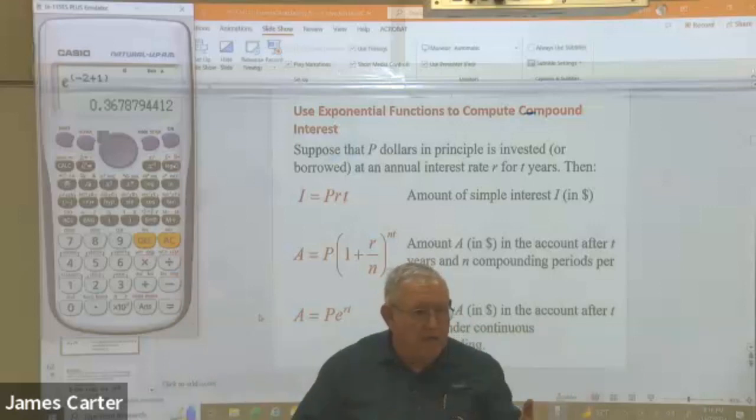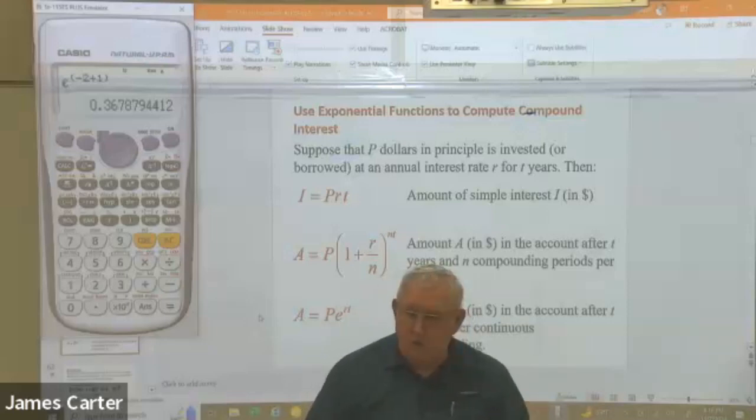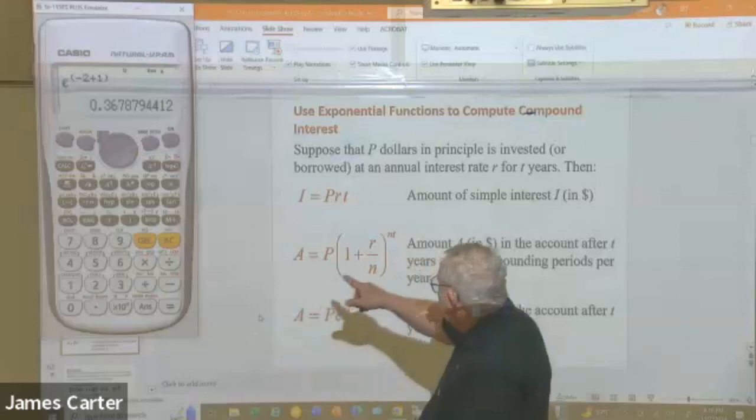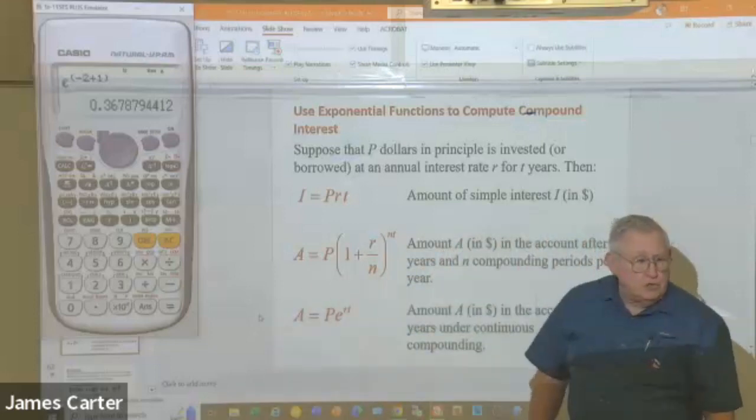Now if they say it compounds semi-annually, or quarterly, or monthly, which is 1/12 of a year, semi-annually being a half, or some interval like that, then this is the formula you have to use.